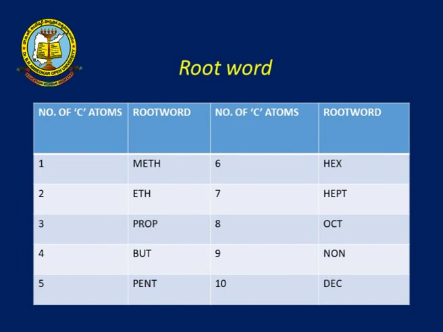So, these are the root words you have to use depending upon the number of carbons present in the longest continuous carbon chain.